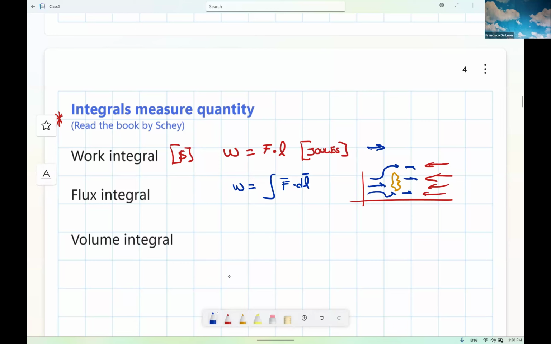But still, the force that matters is given by that dot product, the component of your movement that is against the force. If you go transversal, you will not gain any energy or do anything.